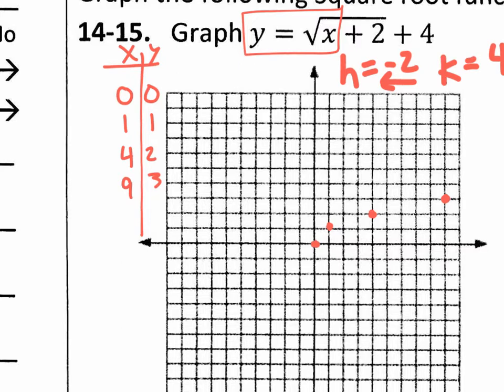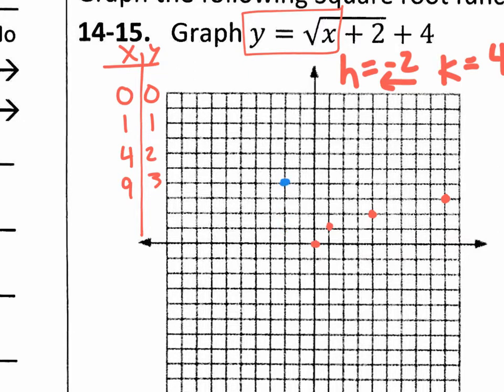Now, we don't want to actually draw it because that's not the graph that we want to graph. We want to graph including h and k. So we're going to modify these coordinates by moving according to h and k, which is 2 to the left and 4 up. So when we go 2 to the left and 4 up, 1, 2, 1, 2, 3, 4, right there.